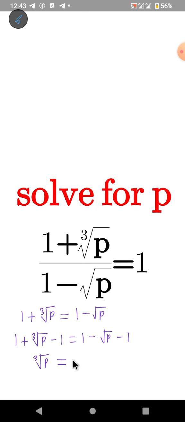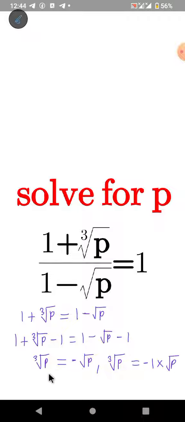We are left with minus the square root of p on the right hand side. Then we'll continue again. The cube root of p, I'm going to write it out, equal to, now this is minus the square root of p. So I'm going to write this as minus 1 multiplied by the square root of p.